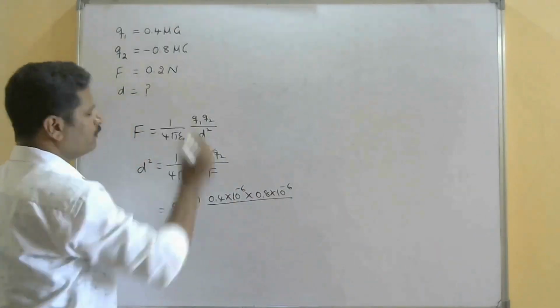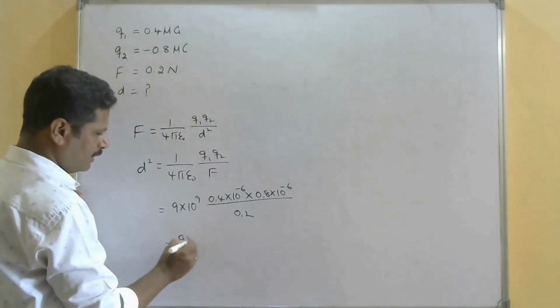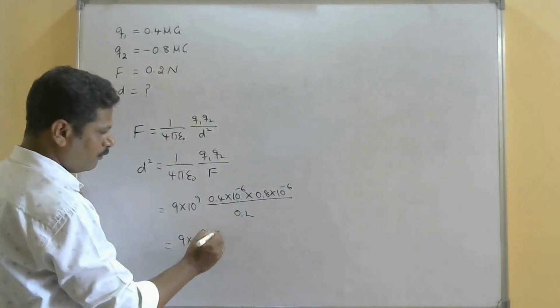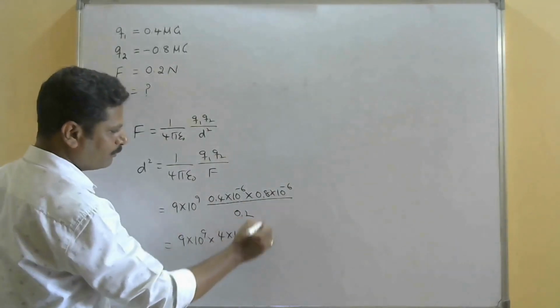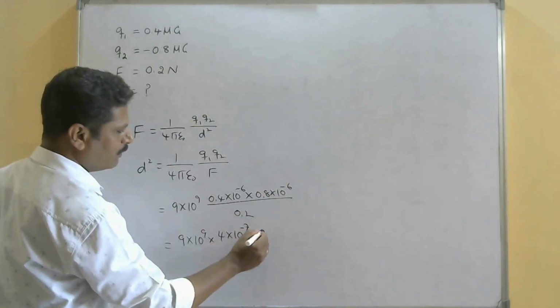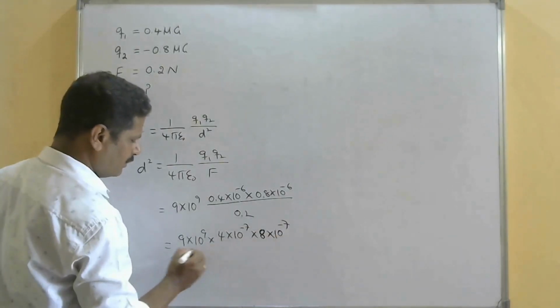How much force do we have here? 0.2. And here we will get 9 into 10 to the power 9, and here we can take this one as 4 into 10 raised to minus 7 into, this is equal to 8 into 10 raised to minus 7 divided by 0.2.